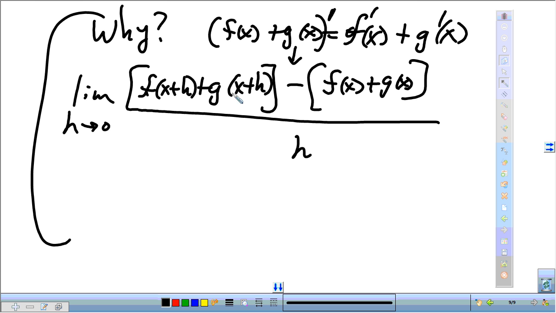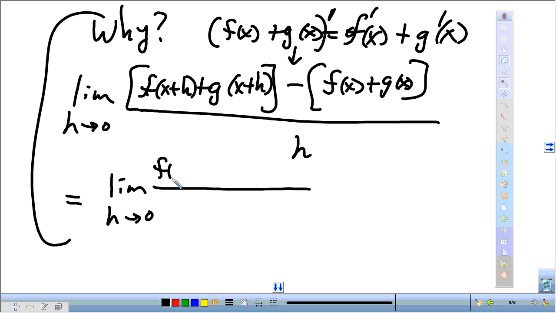But then if we rearrange the terms, we can take f of x plus h minus f of x, those two terms, all divided by h.